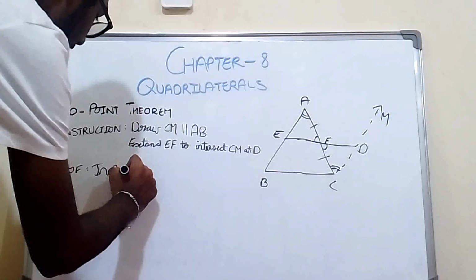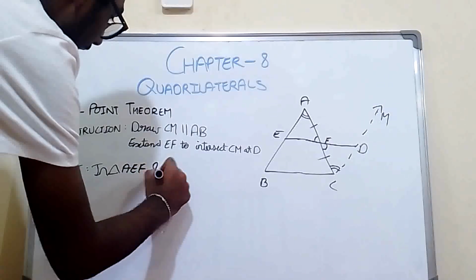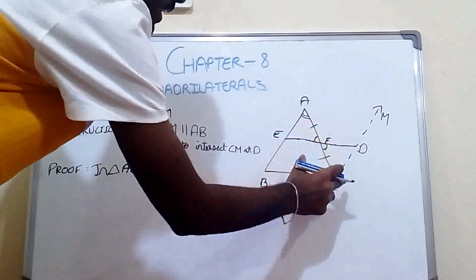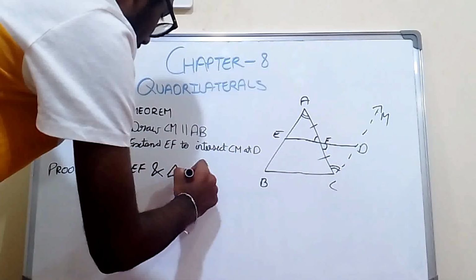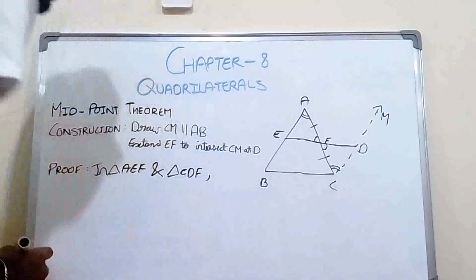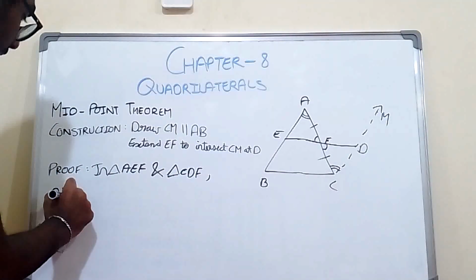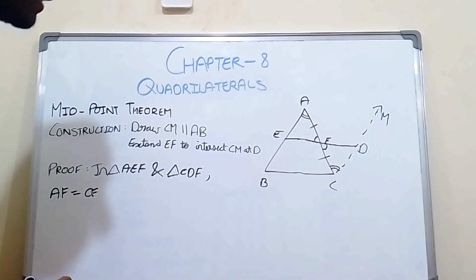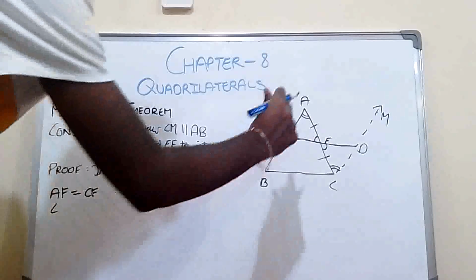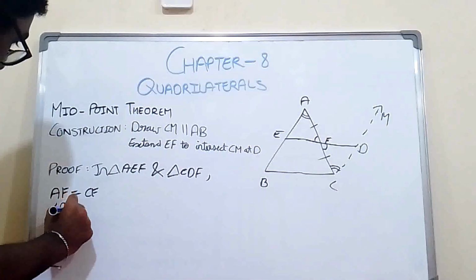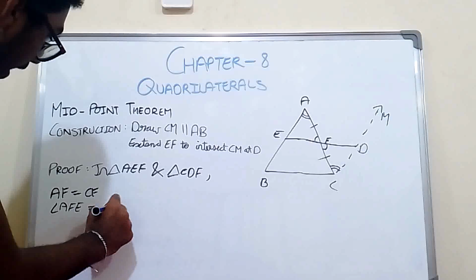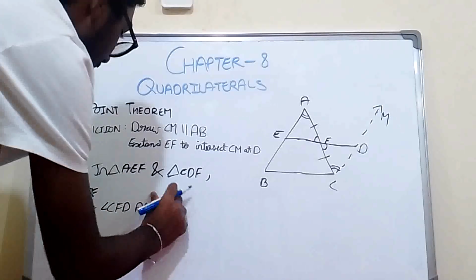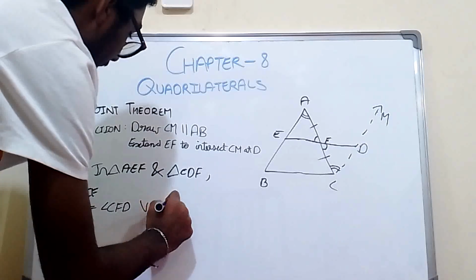So in triangle AEF and triangle CDF, we have AF equal to CF. Then we also have angle AFE equal to angle CFD because of vertically opposite angles.